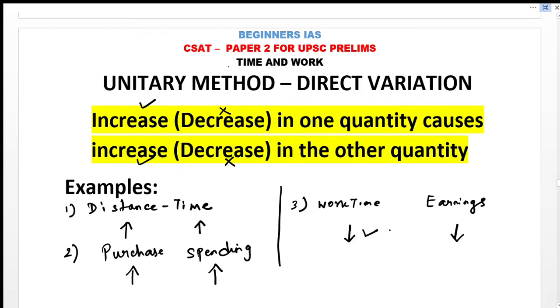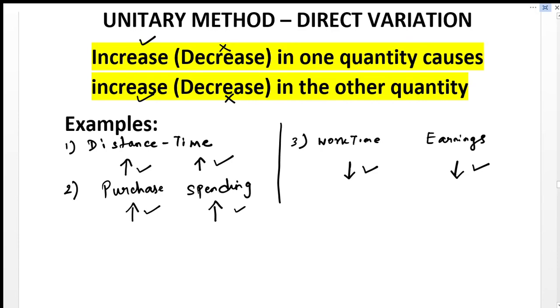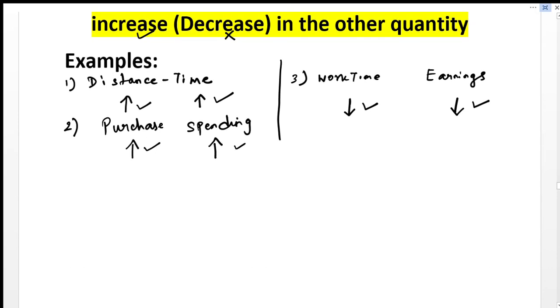If one quantity increases, the other quantity increases, and if one decreases, the other also decreases. So this is nothing but direct variation. So let us solve a few examples so that we can be clear with the concepts of direct variation.